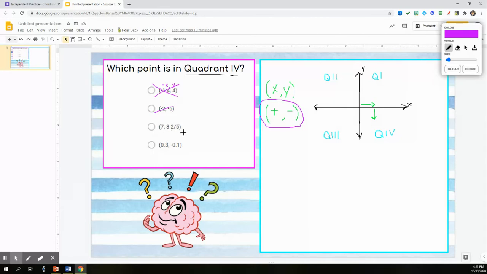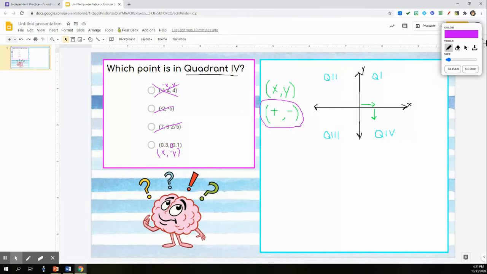This C says a positive value for both x and y, but I need a negative y, so again, that cannot be my answer. And this bottom one has a positive value for x and a negative value for y, because we have this negative sign right here.